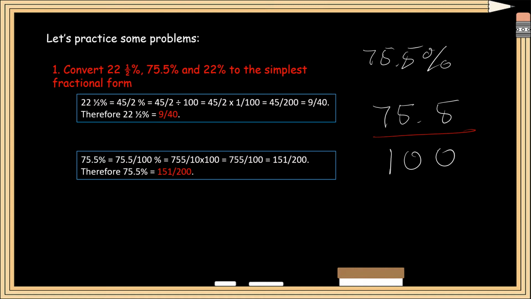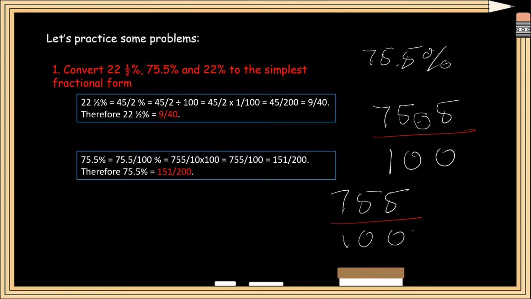Now we need to get rid of this decimal point. When we multiply by 10, the point shifts one place to the right. So when we multiply the top by 10, it becomes 755, and when we multiply the bottom by 10, it becomes 1000.